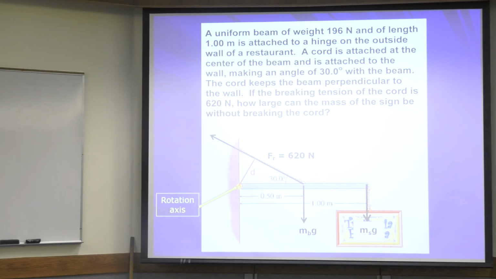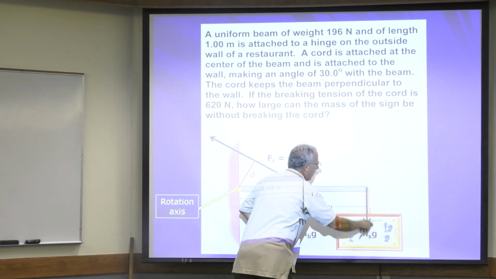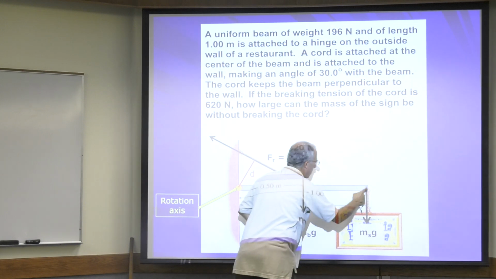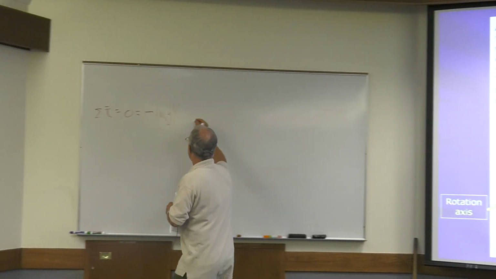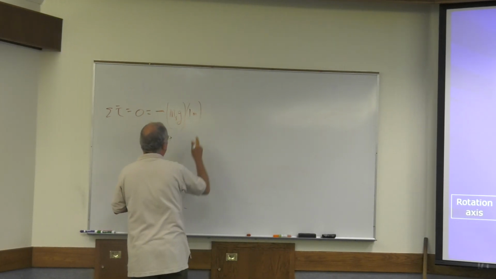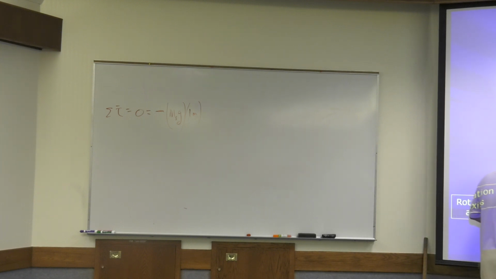Okay, so what's the torque? Well, the force is m_s g. What's the lever arm? Here's the force line. Perpendicular distance from the force line to the axis is this. So just 1 meter. Awesome. Then let's do this one. Again, ignore that, ignore that.